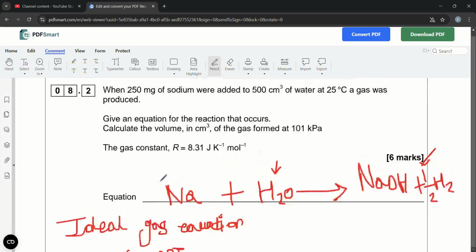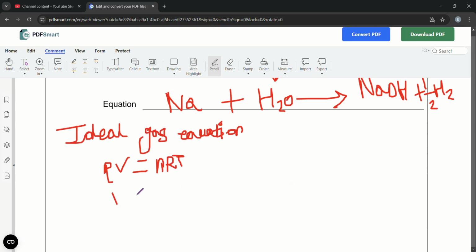And what we're trying to find is the volume. So we're trying to find V. So V is equal to nRT over P.